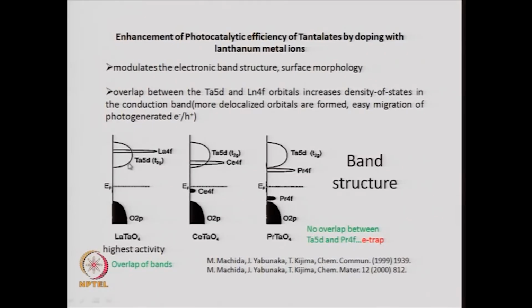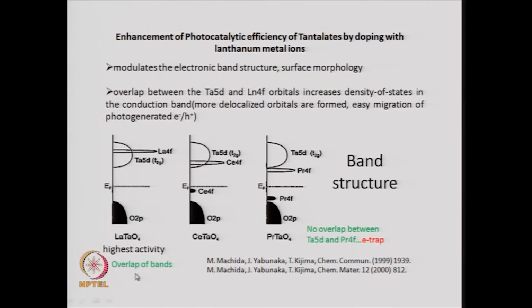But now, the energy of the lanthanum 4f orbital, which is a very narrow band, is lying somewhere within the energy levels possible for the tantalum 5d band. When such a thing happens, that the orbital energies are similar, then there is good overlap of bands.